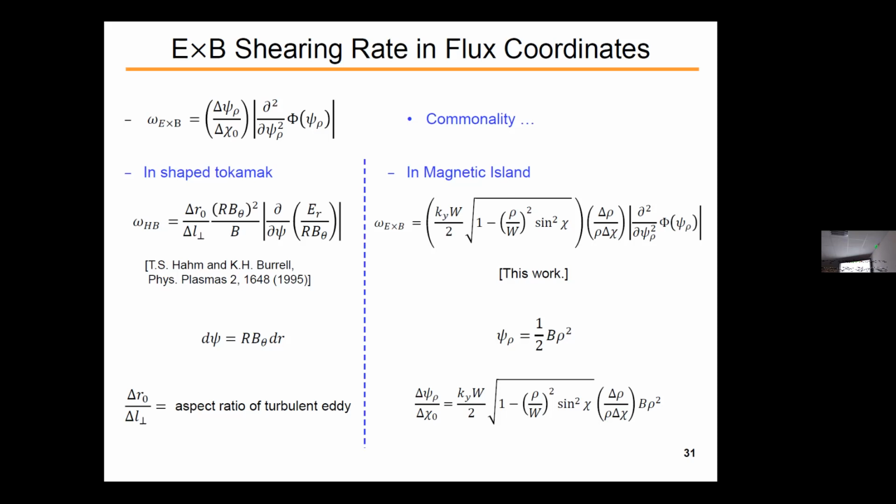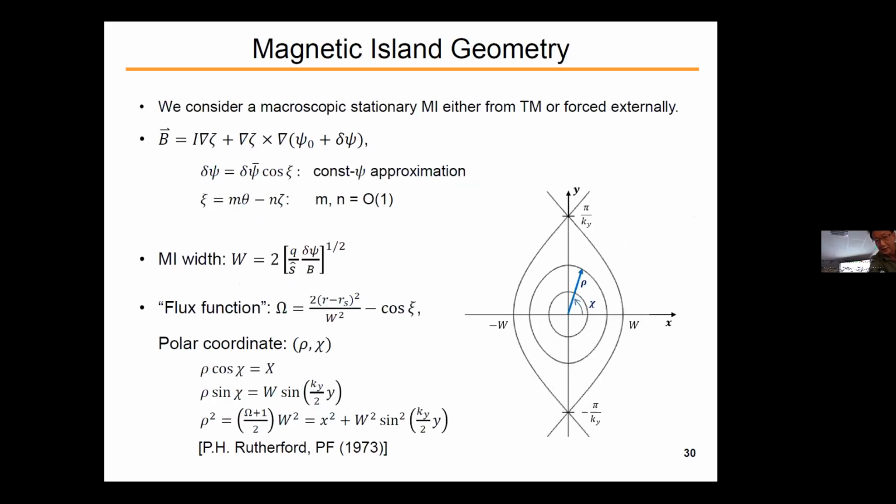But for both cases, this kind of generic form of the E cross B shearing rate is valid. The difference is that the flux function here is the usual flux function in axisymmetric and nested tori topology, but here the flux function is a different one, and we put in magnetic island geometry.